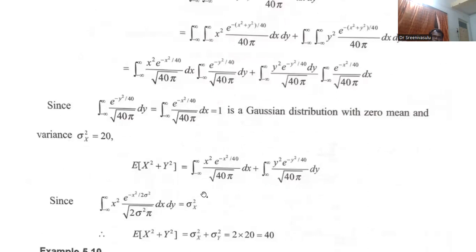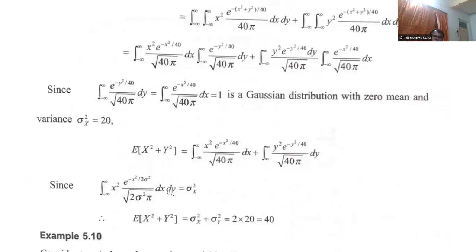You observe here the integral from minus infinity to infinity. Here there is an x square, x square e power minus x square by 40 root of 40 pi, and y square e power minus y square by 40 root of 40 pi into dy. So it is also a standard function with variance sigma x square.